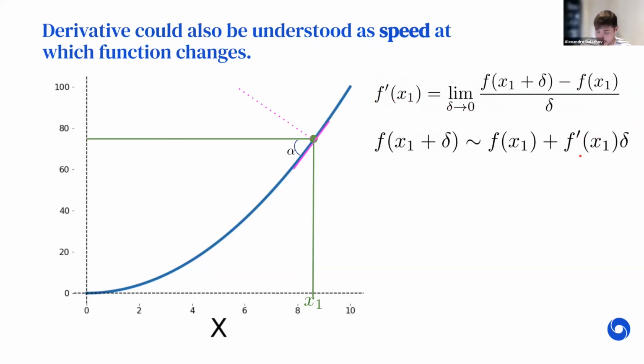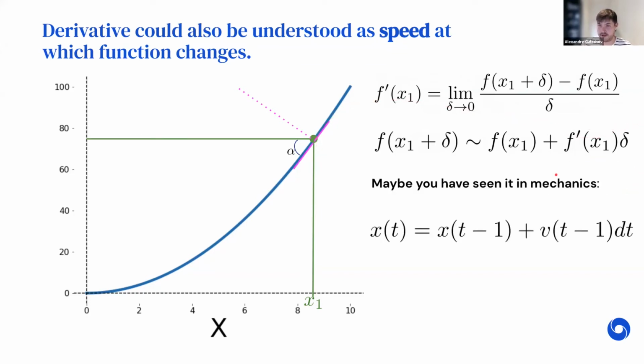It is described by a very similar equation: the trajectory at time t equals the trajectory at the previous time step plus the speed at the previous time step times delta t. Delta t is a small time interval which elapses between t and t minus 1.